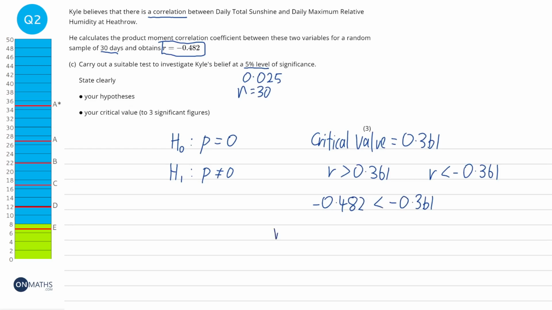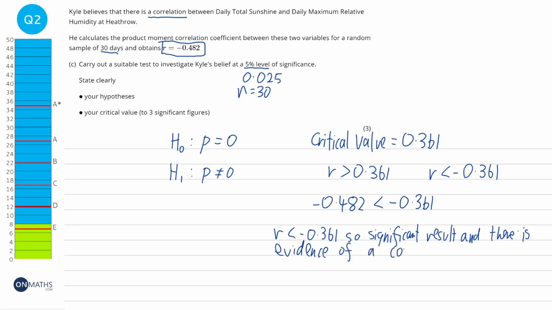So we can say that r is less than minus 0.361, so we've got a significant result, and there is evidence of a correlation between the variables.